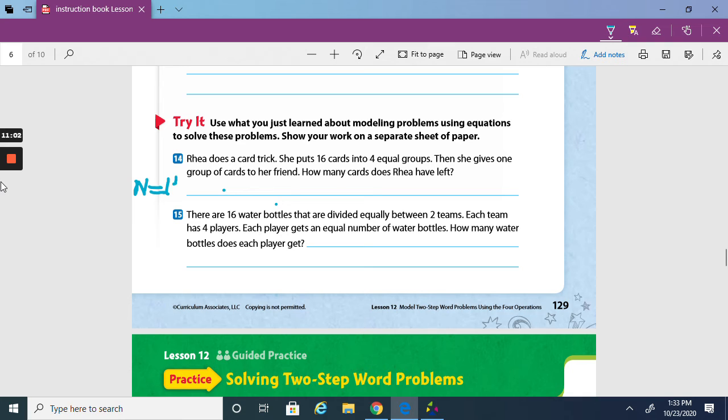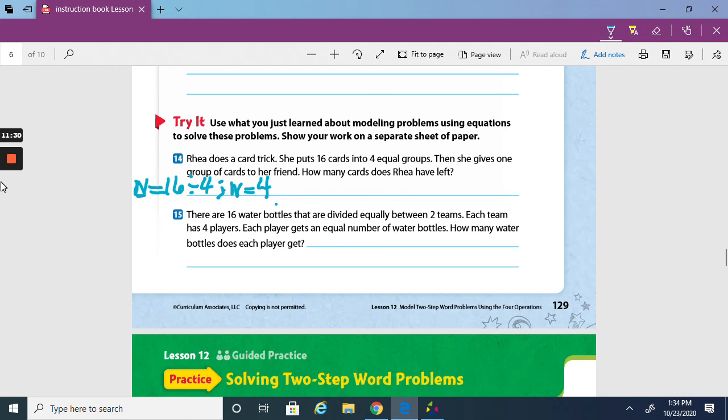So I'm going to do 16 divided by 4. That's going to give me N, the number of cards in each group. When I do that, I find that N equals 4, because 4 times 4 gives me 16, so 16 divided by 4 equals 4.